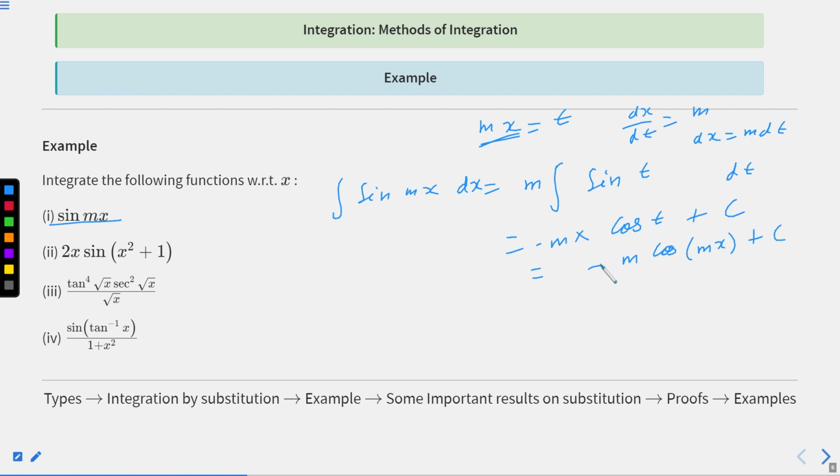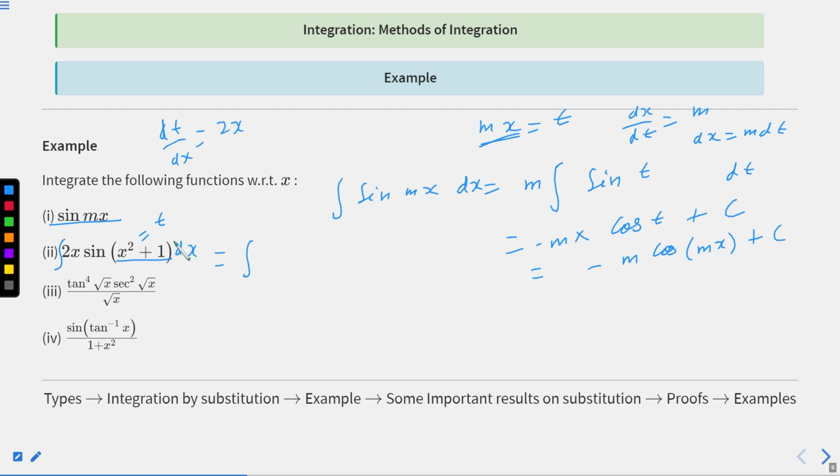Clear? Now for the next one, integrate this. How are you going to integrate it? Now substitute. What substitution can you make? Put x square plus 1 equal to t. So t is equal to this, which means dt by dx is equal to 2x, just 2x.